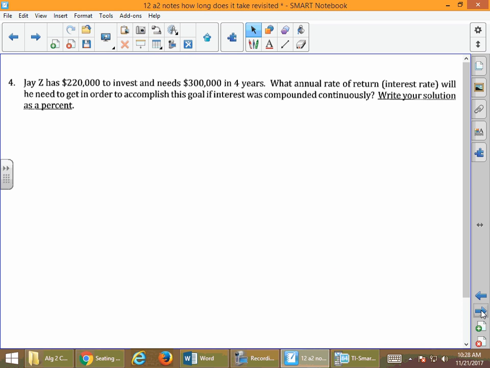Jay-Z has $220,000 to invest, but he needs to have $300,000 in 4 years. What annual rate of return, in other words, what interest rate, will he need to get in order to accomplish this goal if interest was compounded continuously?